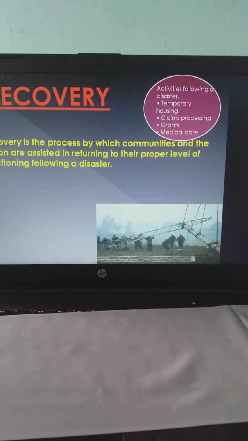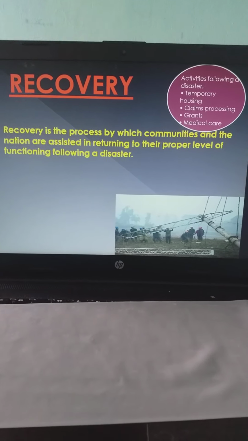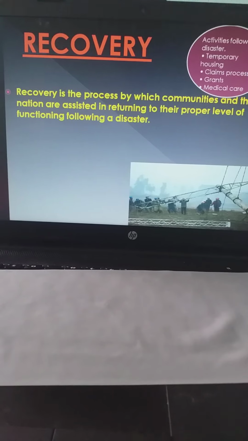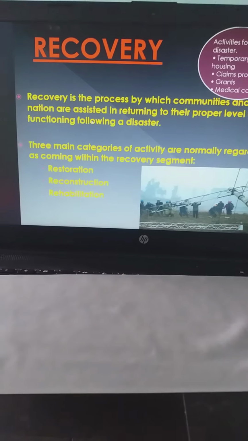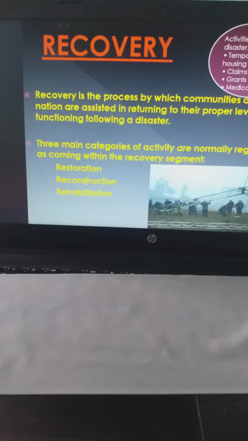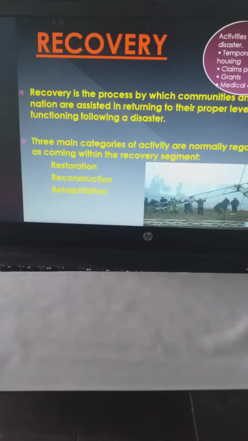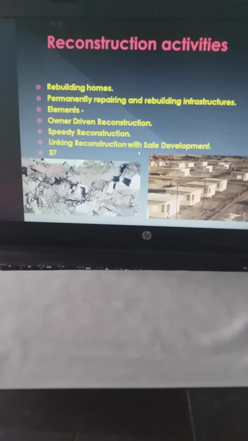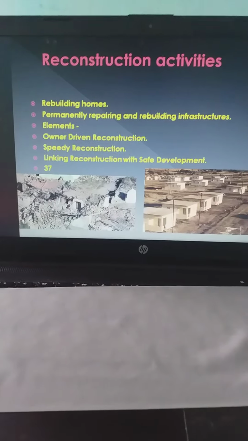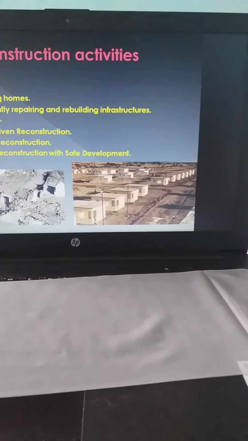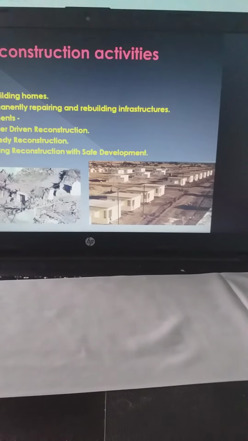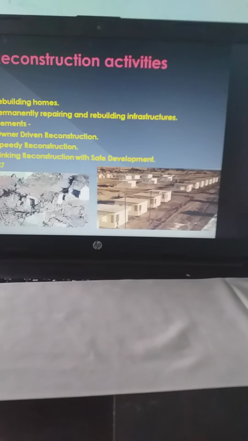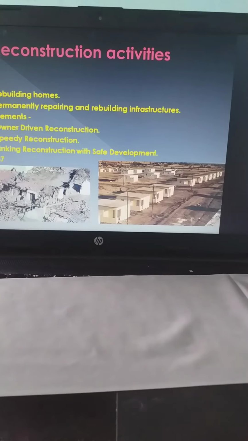You see, recovery is the process by which communities and nations are assisted in returning to their proper level of functioning following a disaster. Restoration, reconstruction and rehabilitation are the three processes. I hope all of you understand these words. Now this house has been damaged and they are being rehabilitated here, or they were given a good settlement.